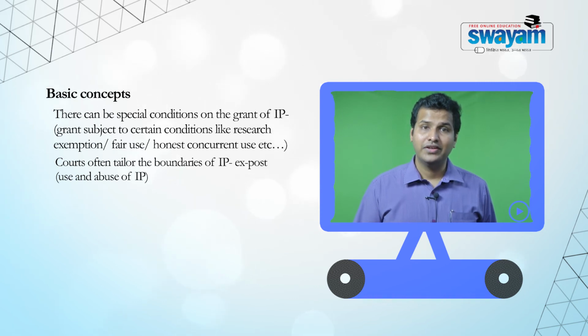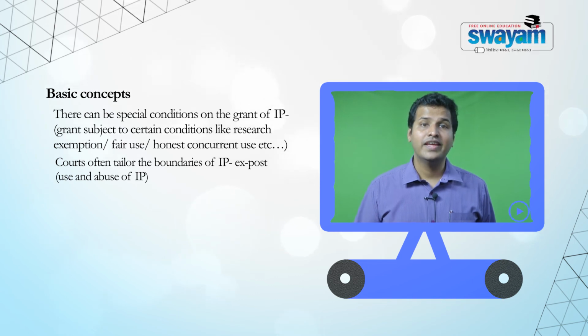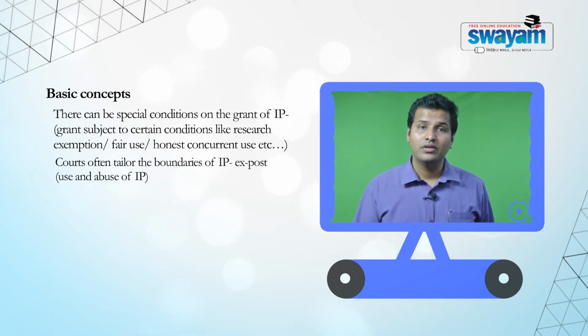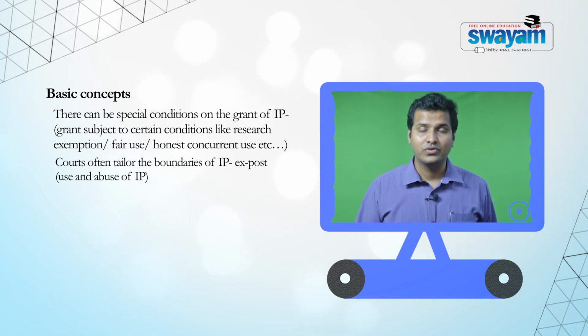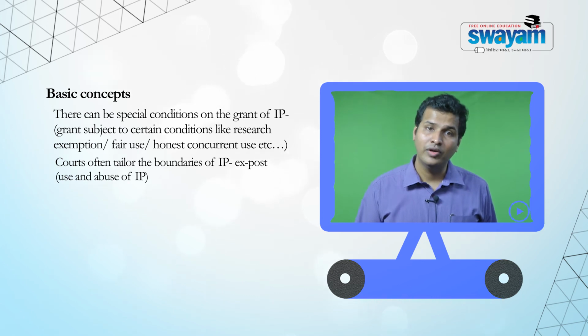It can be negotiated and renegotiated in litigation, and sometimes external laws like competition law can actually determine to some extent the type of use, or whether it amounts to abuse of monopoly. So, in some sense there can be laws that require you to limit your monopoly. That is very unique to intellectual property law, in the sense that application of external laws can also influence the amount of monopoly or market power that you can hold.